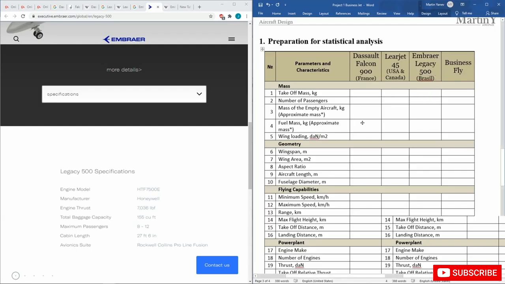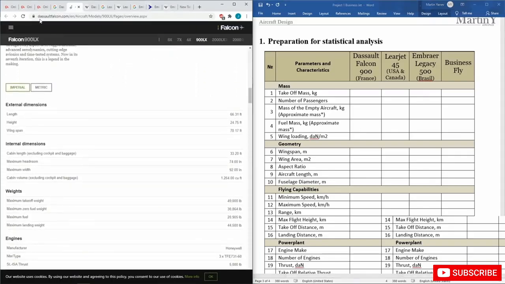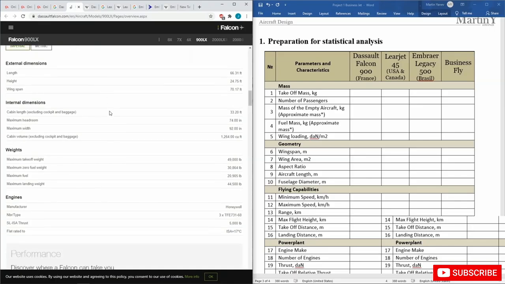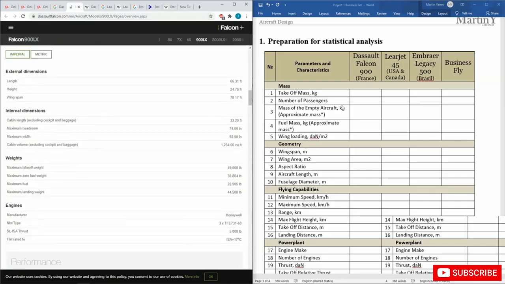And now let's start filling in their data. So here you can see for Falcon 900, I found on their website that there are quite a lot of parameters and typical weights. So from here, I will start recording all the masses, the geometry and so on. So the takeoff mass, and remember, here we're recording our masses in kilograms, okay? So we're using the SI system.